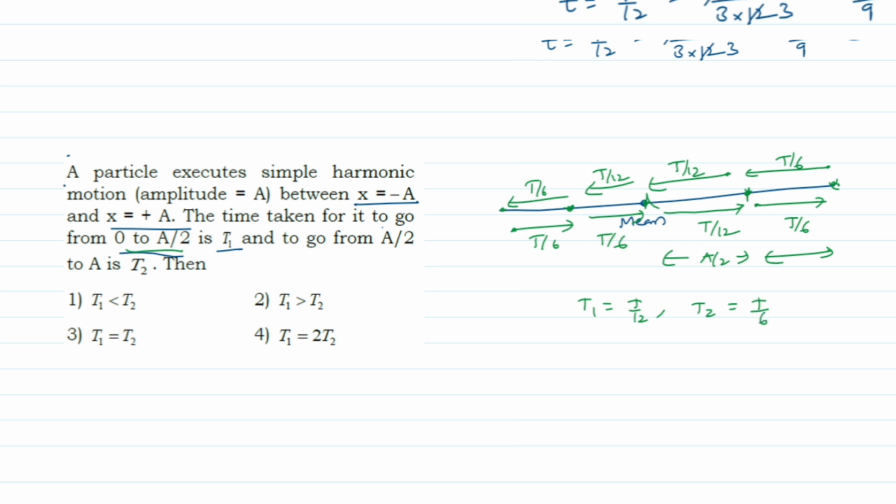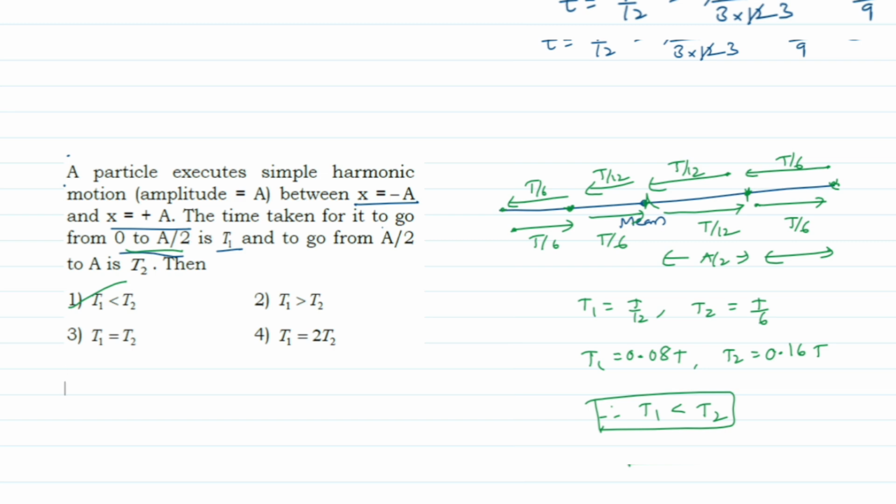Which one is the higher value? t1 is almost T by 12, that is 0.08 T, and t2 is 1 by 6, nearly 0.16 T. Therefore t1 is less than t2.